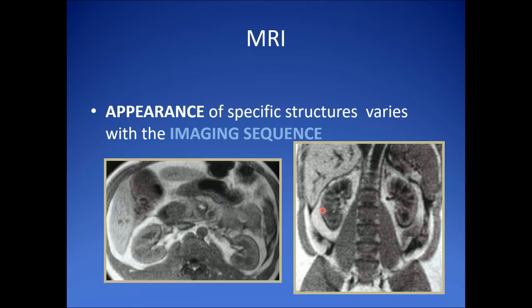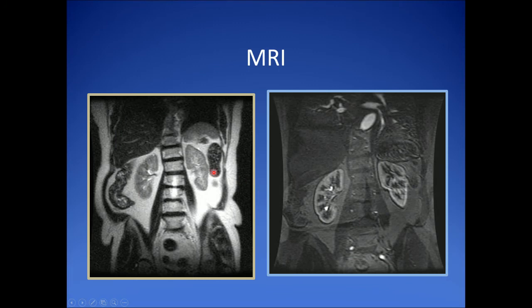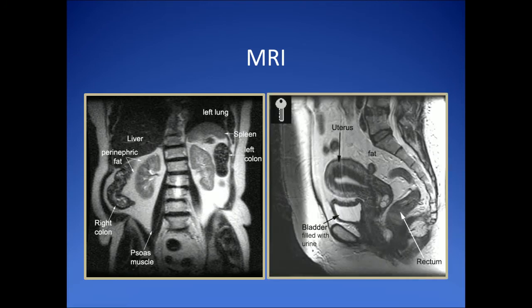Okay, the right and the left kidney. So here, the fat is of high signal intensity. And this one, on a different sequence, it can look like this. So the kidneys, the ascending colon, the descending colon, the right and the left psoas muscle.